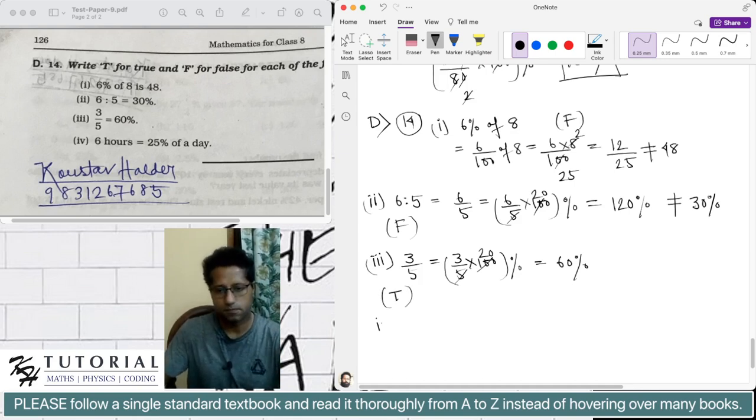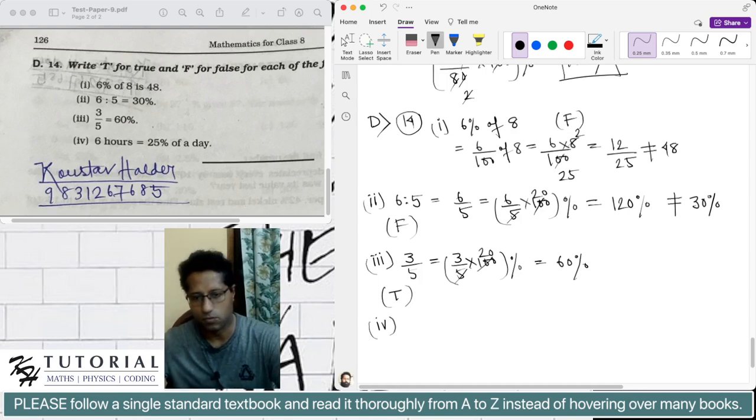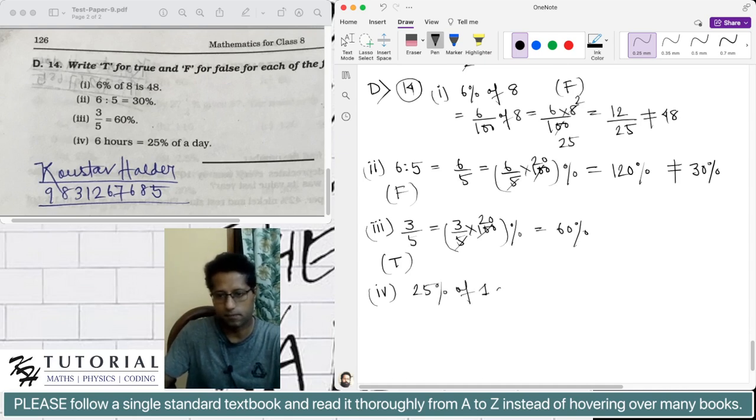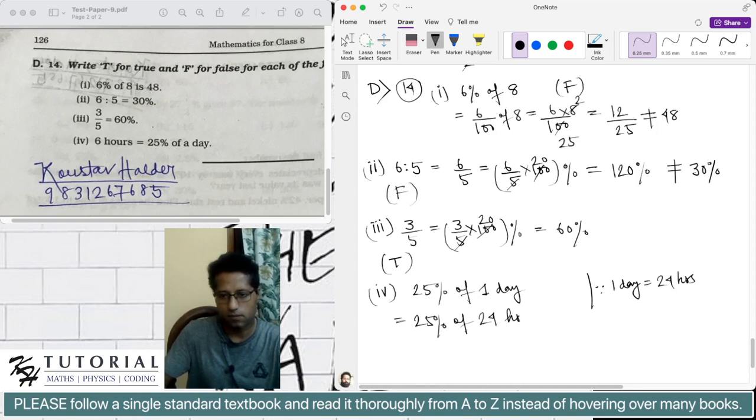Part 4, 6 hours is equal to 25% of a day. So let's see what is 25% of one day. Now one day is how many hours? One day is 24 hours. So this is equal to 25% of 24 hours.